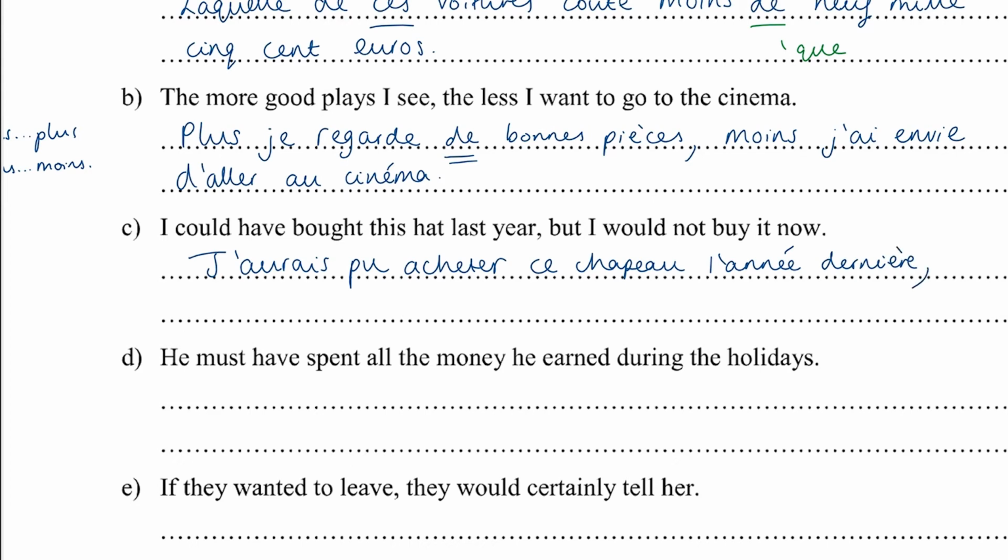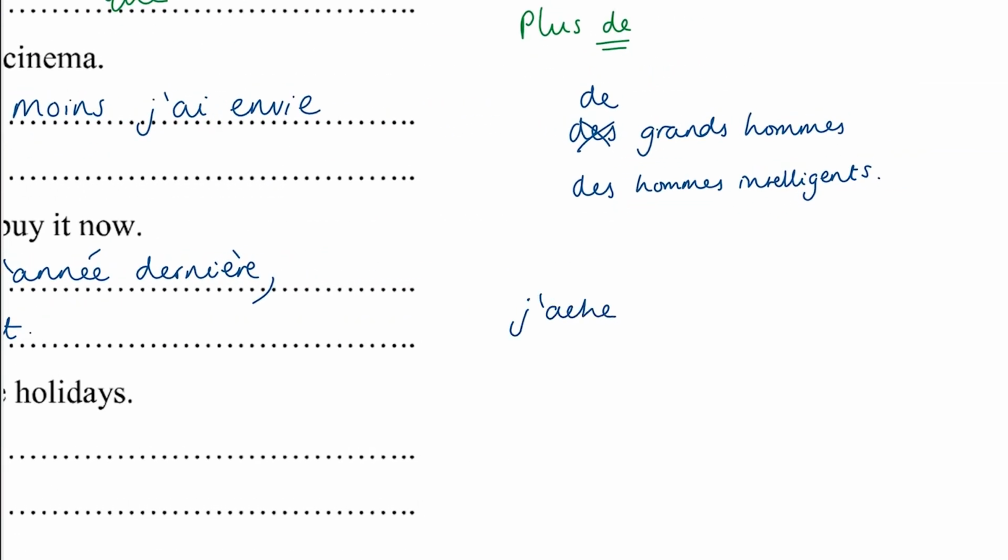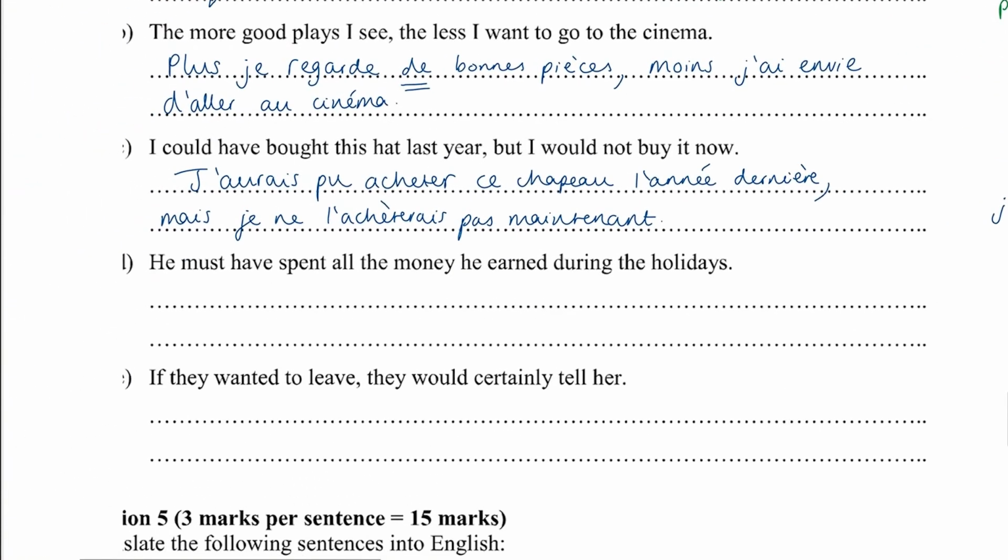And then we're moving into a present tense conditional now. Mais je ne l'achèterai pas maintenant. Notice that acheter has an irregular future and conditional stem. It adds that accent there. J'achèterai. Another thing you're just going to have to learn. Mais je ne l'achèterai pas maintenant.